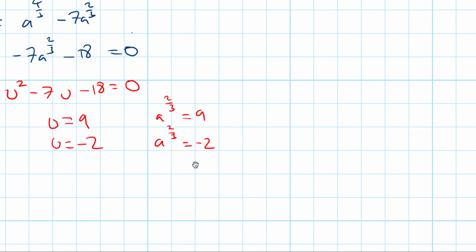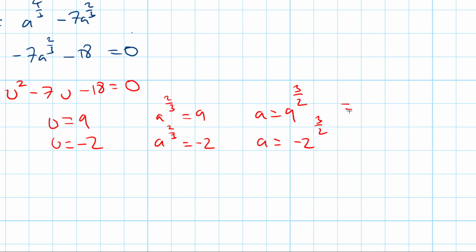Then from here we're going to cube both answers and then square root them, so we're basically just flipping the power over. So a is equal to 9 to the power 3 over 2, and a is equal to minus 2 to the power 3 over 2.